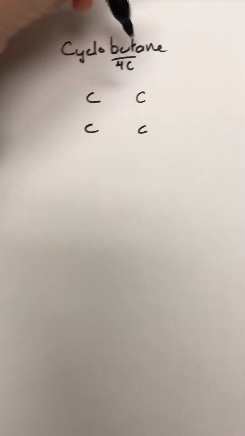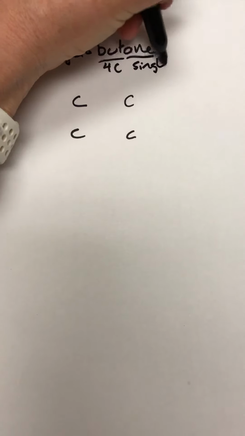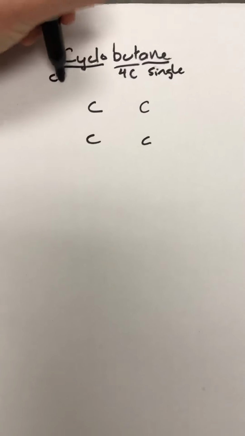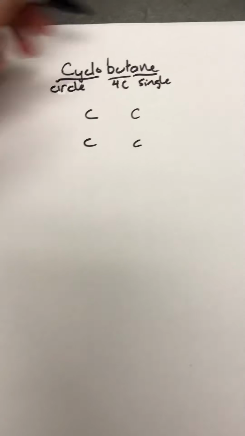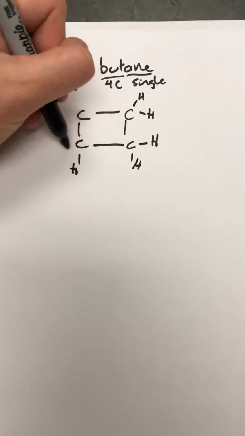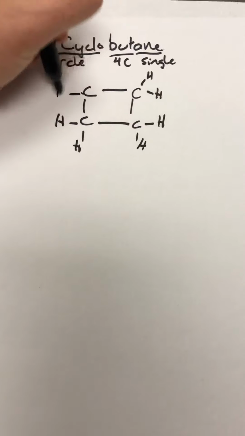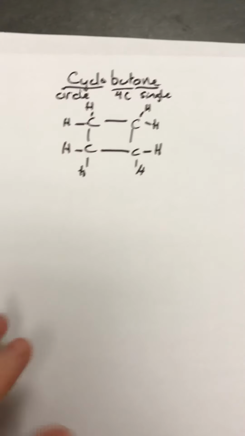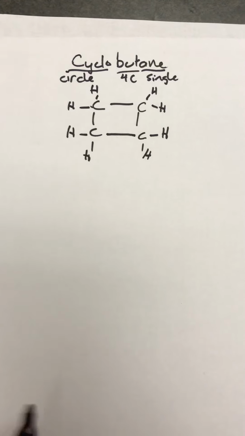In order to draw cyclobutane, you take 4 carbons, because the but tells you that there's 4 carbons, the ane tells you that there are single bonds, and the cyclo tells you that they're in a circle. So they all work together like this. And then of course we'd have to label our hydrogens. So hopefully that makes sense.